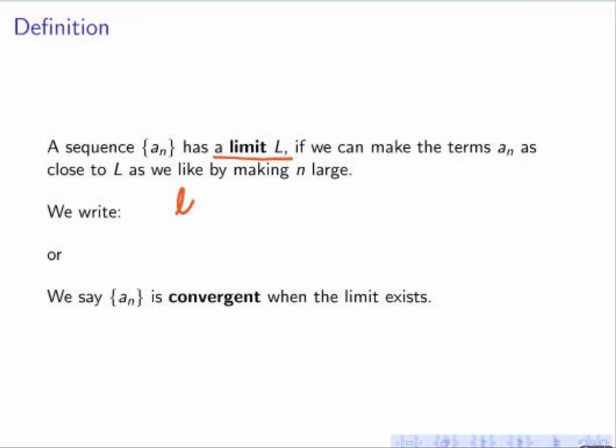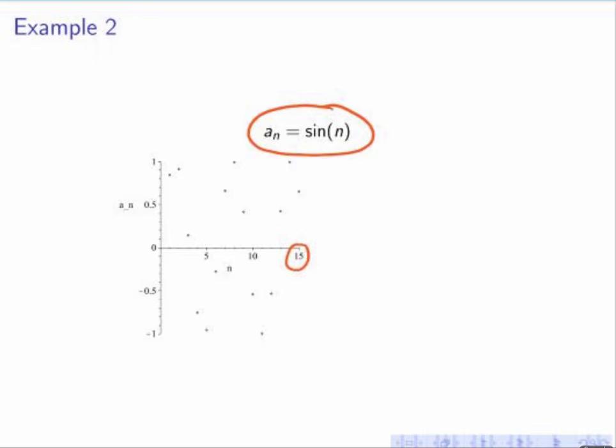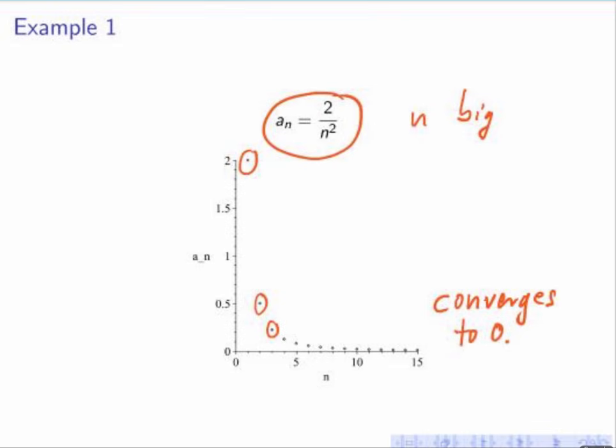And in this case we write limit as n goes to infinity of a_n is equal to L. We have a second notation, but before I show it, let's go back to the example where I say it converges. So we said we can get as close to 0 as we want if we choose n large enough. And here it really looks like if we choose n even larger, we would get even closer to 0.